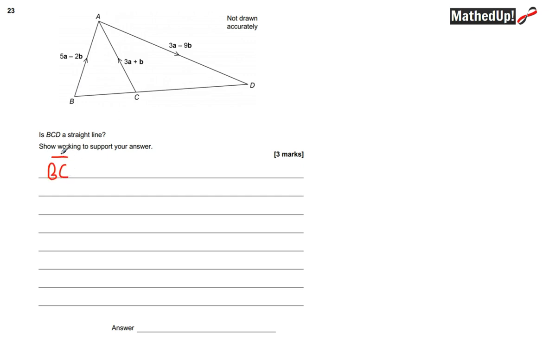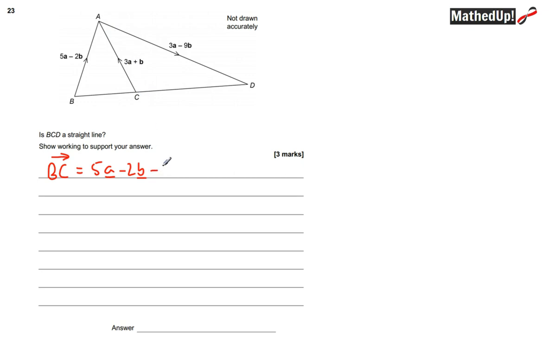So the vector BC is going to be equal to 5a take away 2b, and then we want to go down here, and this is the opposite of 3a plus b, so it's going to be a negative 3a take away b.